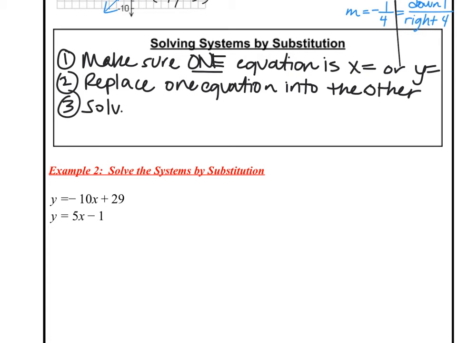Solve the equation just like you did before. So you'll get an answer to one of the variables, the first one. Then you need to plug back in to get the second.